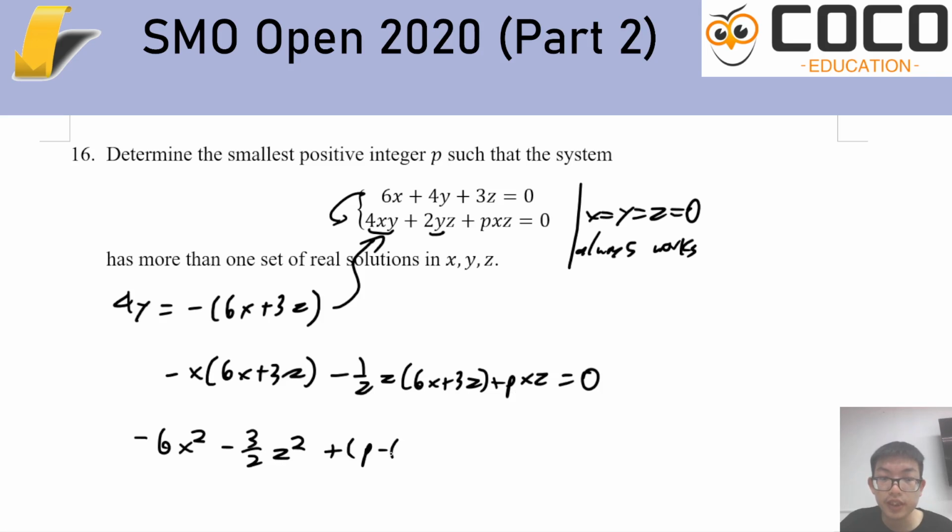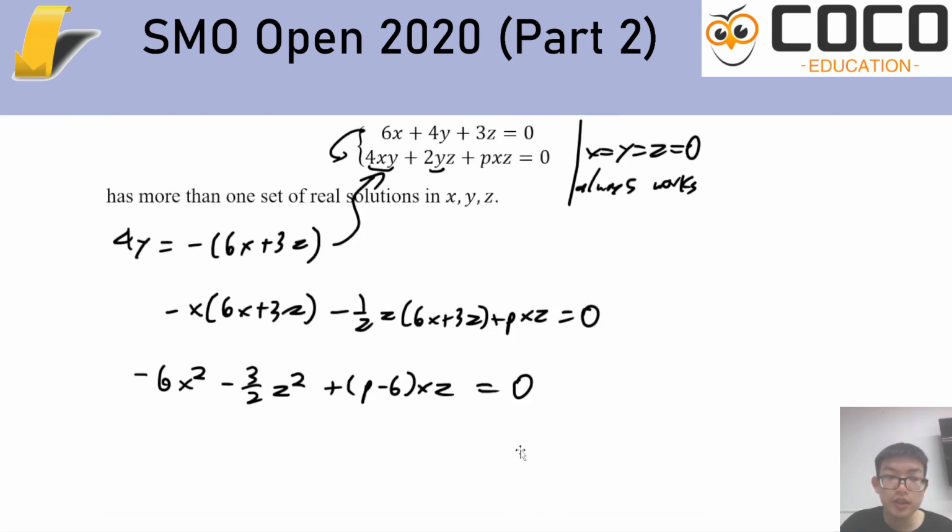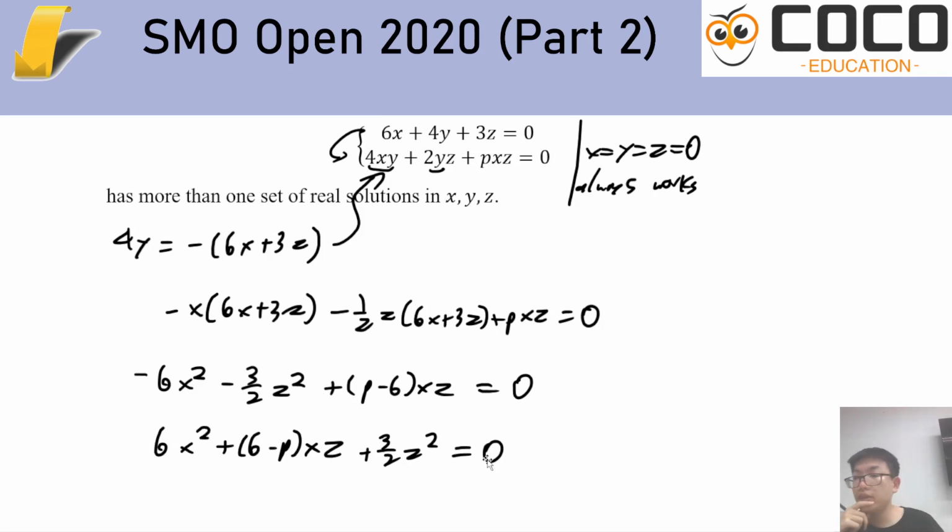So plus p minus 6xz equals 0. If I clear all the minuses and arrange it in order, this needs to have a solution for x and z.